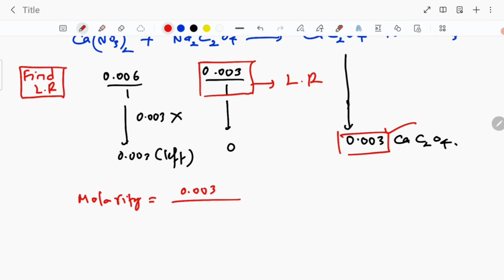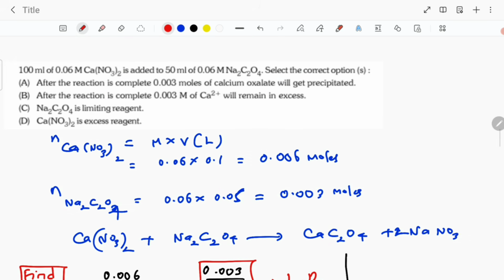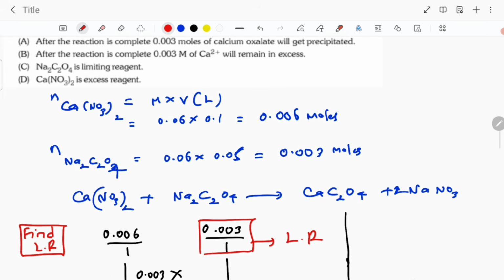The total volume is 100 ml plus 50 ml, total 150 ml, which you have to convert into liters. After the calculation, we are getting 0.02, but in the option they gave 0.003. So that is an incorrect option.